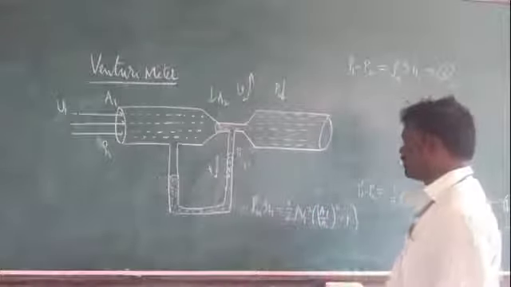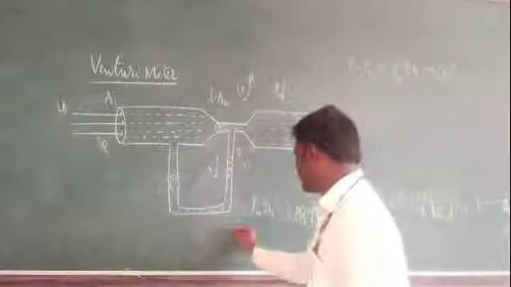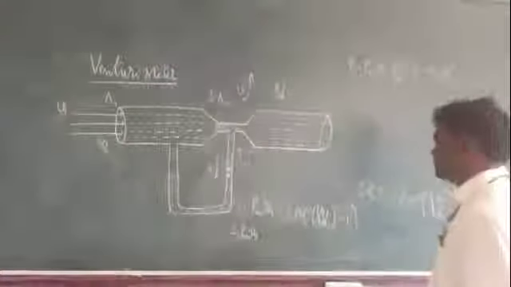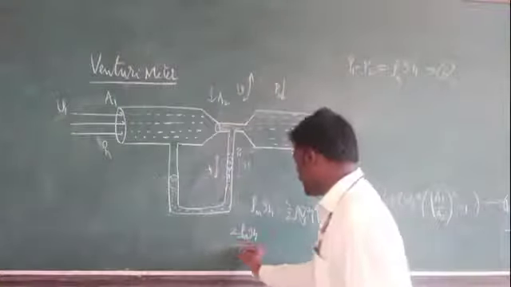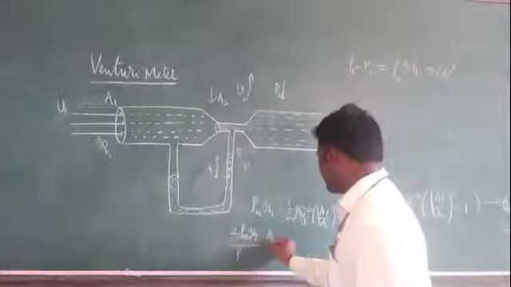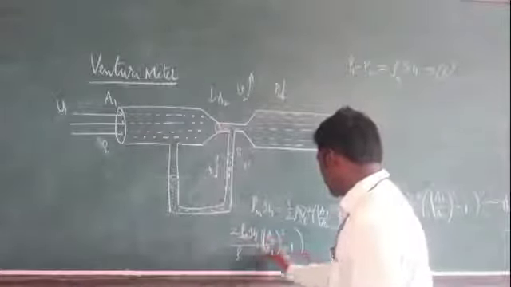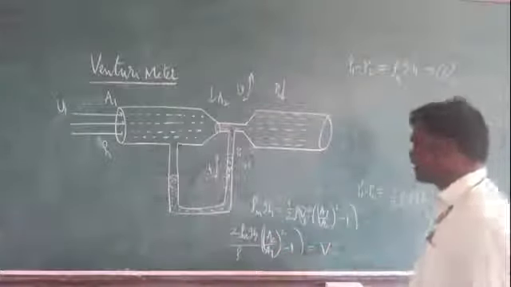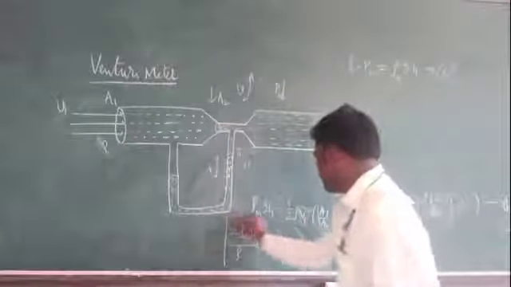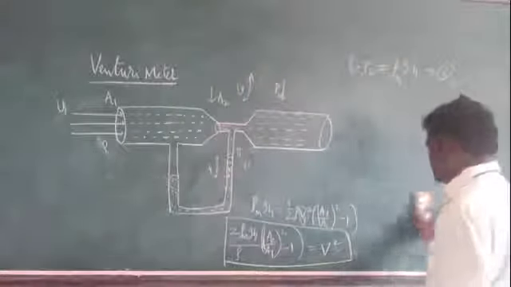To find this velocity V1, we get 2 rho m g h by rho into (A2 by A1 whole square minus 1) equals V square. So we can find the V1 value.